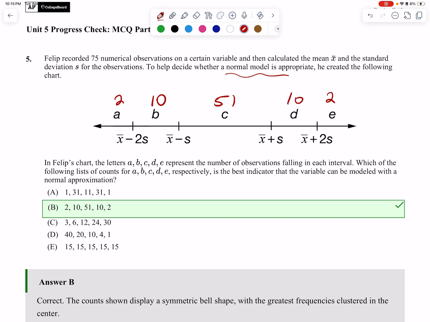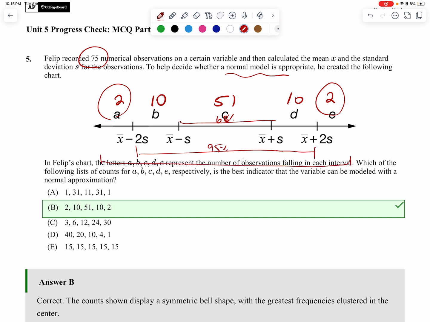So if we add them all up, obviously we get 75. So let's go ahead and see how much this is. This, remember, is going to be 68%, 95%, and 99.7%, right?